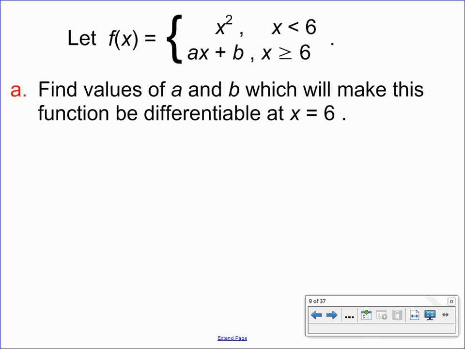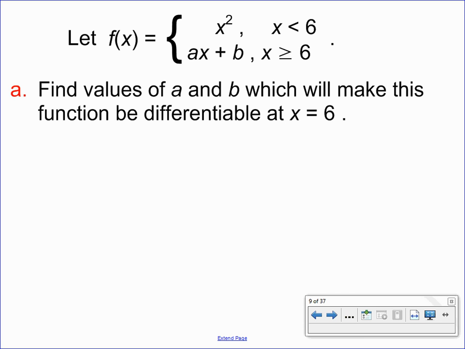So we need 2 things for differentiability. Our first requirement is continuity. If we don't have continuity, right, then we might not have a place to hang our tangent line. And so we need to first show continuity. And continuity of my original function exists when the overall limit of my function as x approaches 6 is equal to the value of my function f of 6.